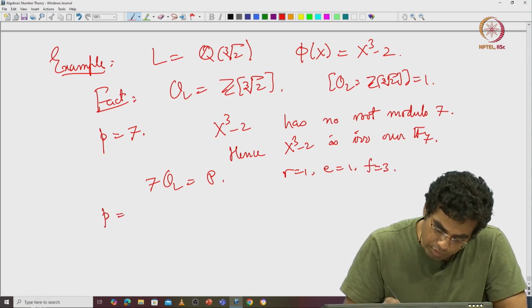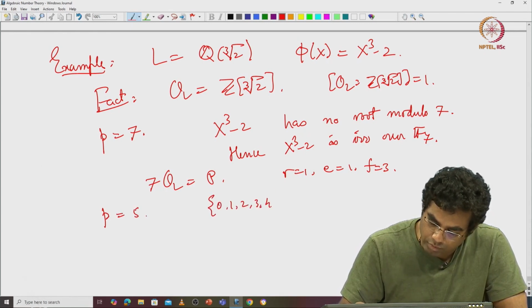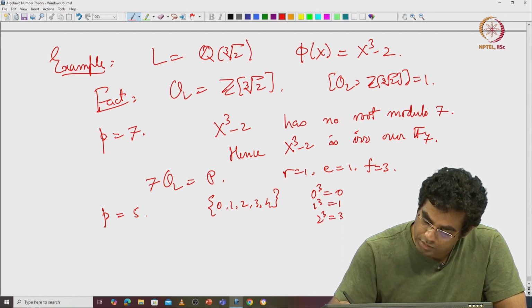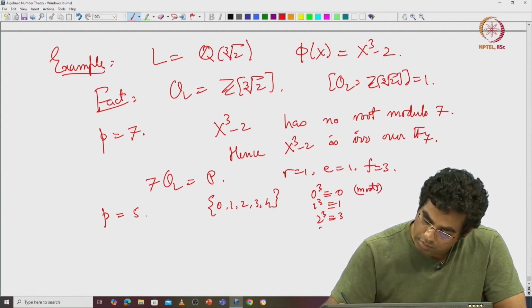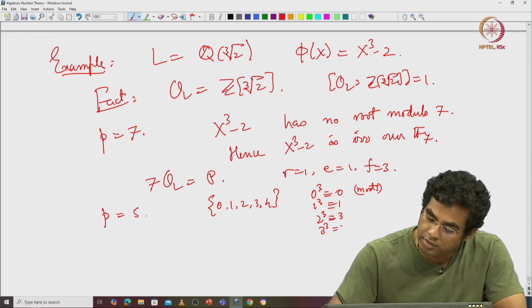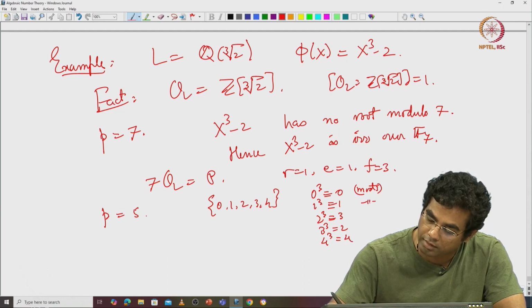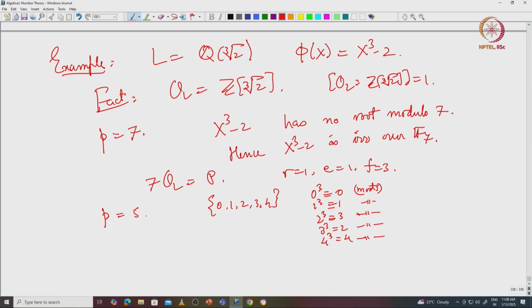Right. So, let us take p equal to 5, okay, and so there are 0, 1, 2, 3, 4, right, and 0 cubed is 0, 1 cubed is 1, 2 cubed is 8, which is 3 mod 5. 3 cubed is 27, which is 2 mod 5, and 4 cubed is 64, which is 4 mod 5, right. Okay.